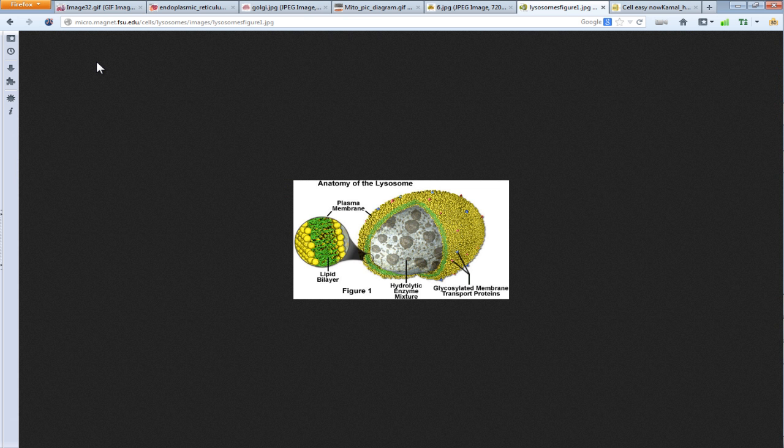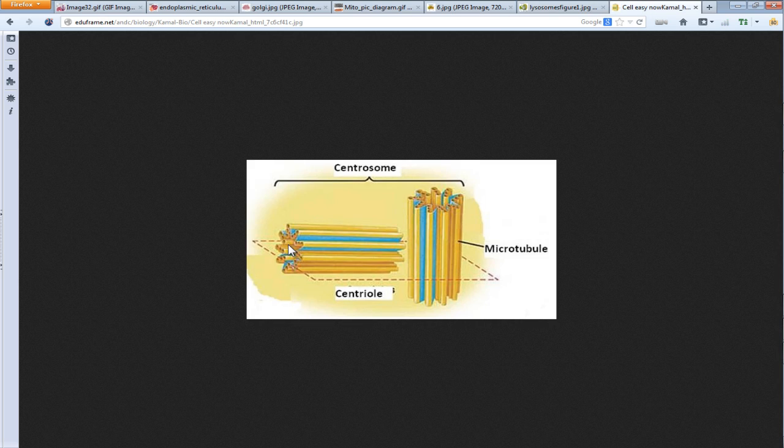So if we go back to our pictures now and have a look at the centrioles, just these small bundles of protein fibers like that, and the microtubules is each fiber, and they flex around in order to keep the cell fluid.